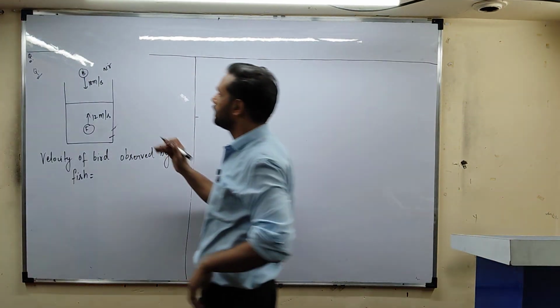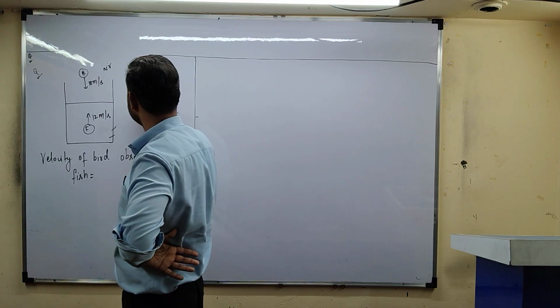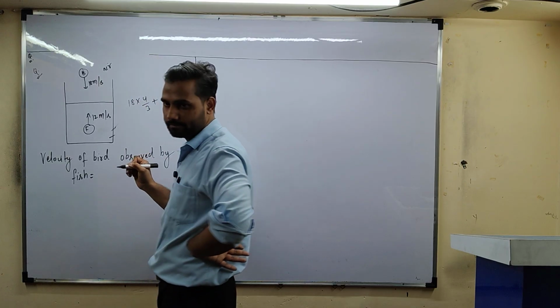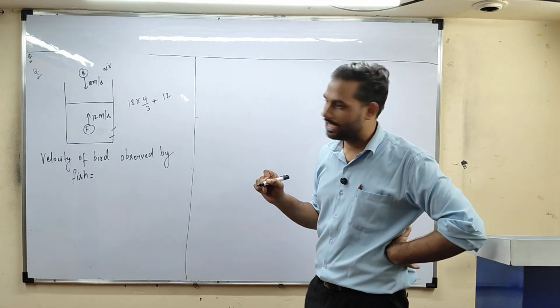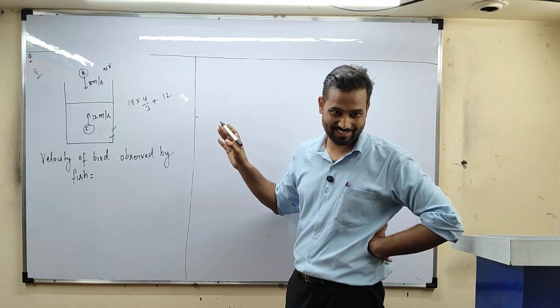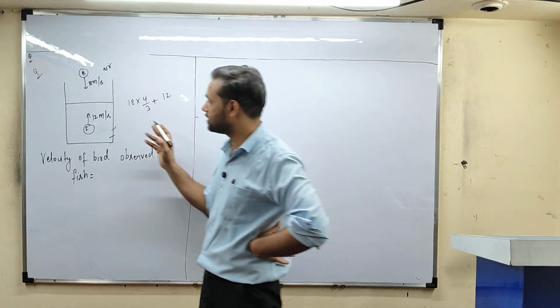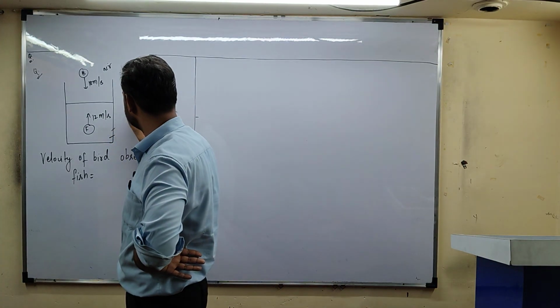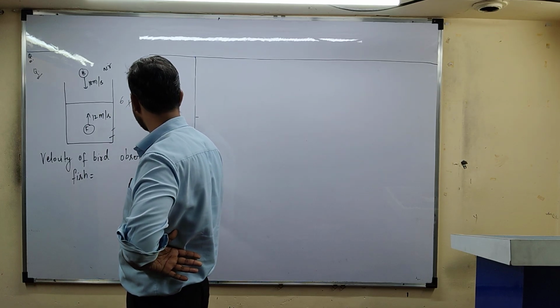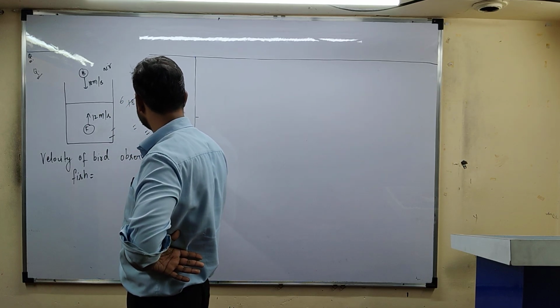Simple. 18 into 4 by 3 plus 12. Put this at rest, even though it's not. Okay, just suppose. Then 3 6s are 24 plus 12, that equals 36.